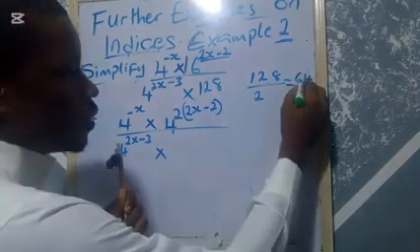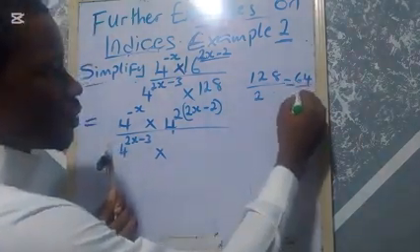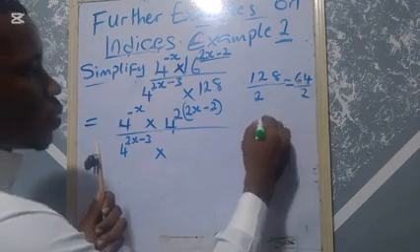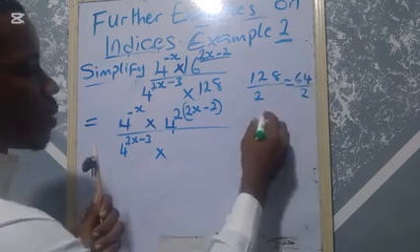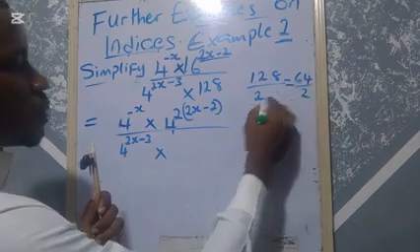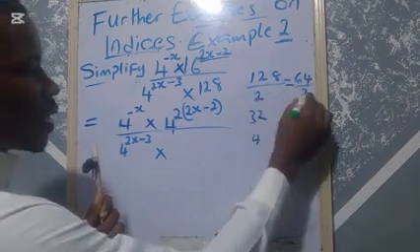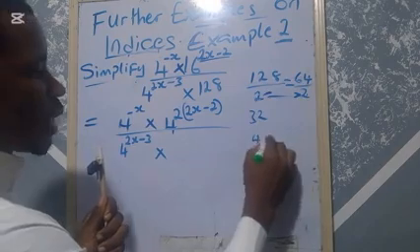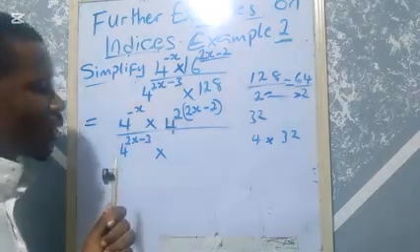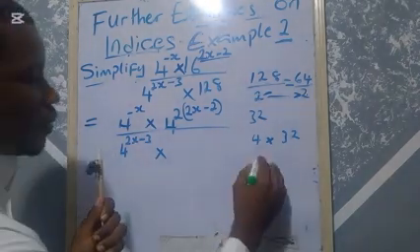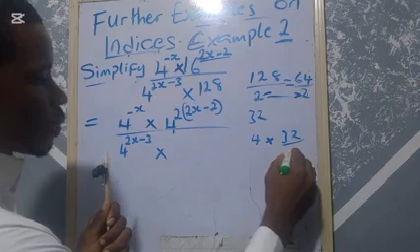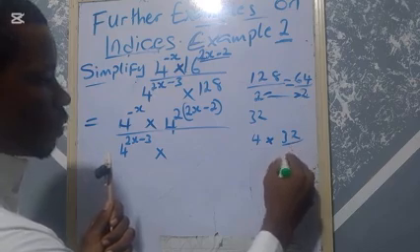The same thing if you reduce this 64 by 2 again, it gives us 32. So if you multiply 4 times 32, it will give us 128. And if you break this one down again, if you divide it by 2 again, it will give us 16.